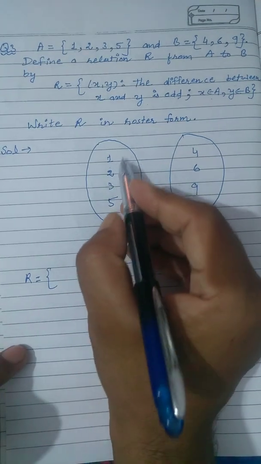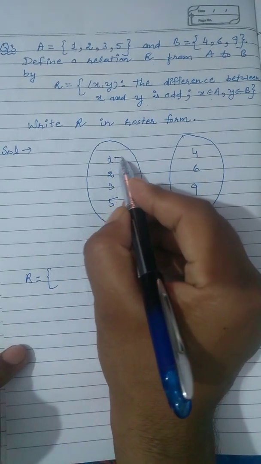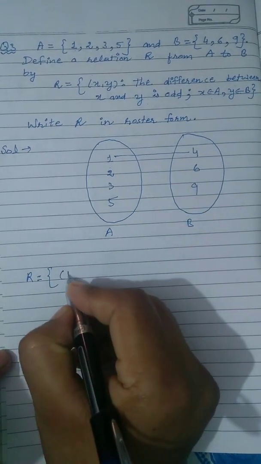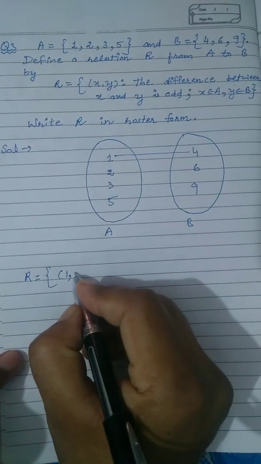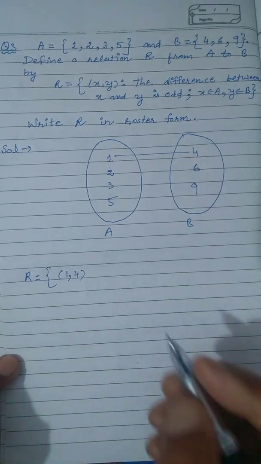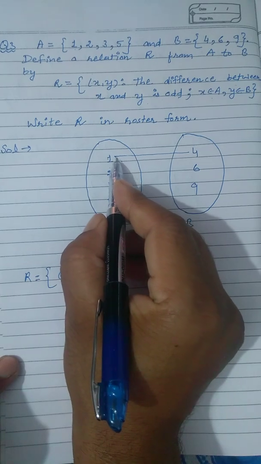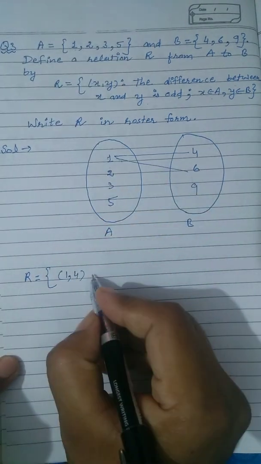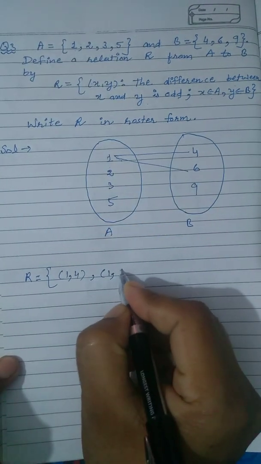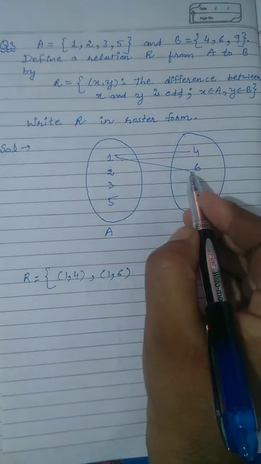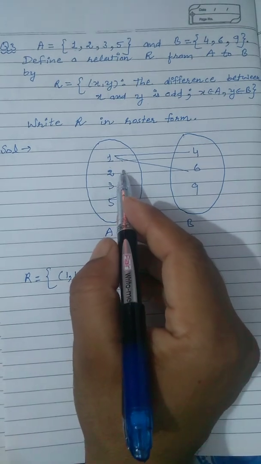So how can this difference be odd? 1 and 4, the difference is odd. 1 and 6 is odd.